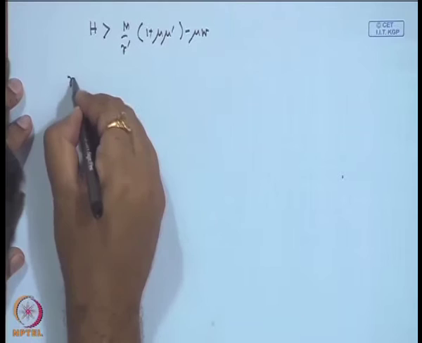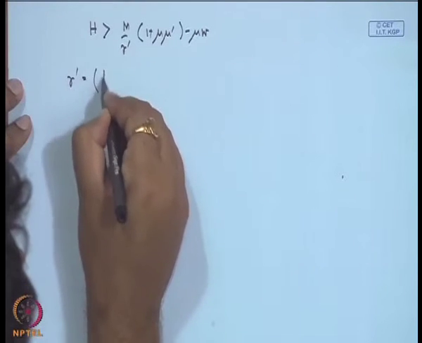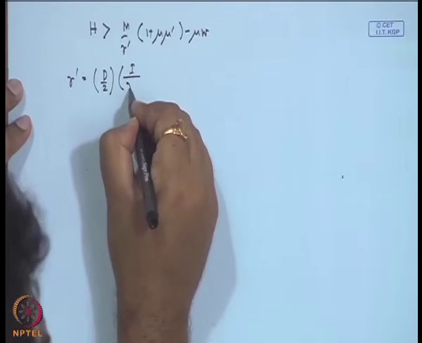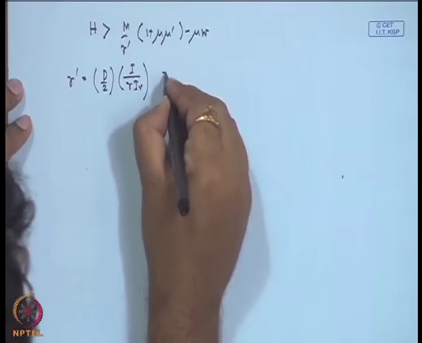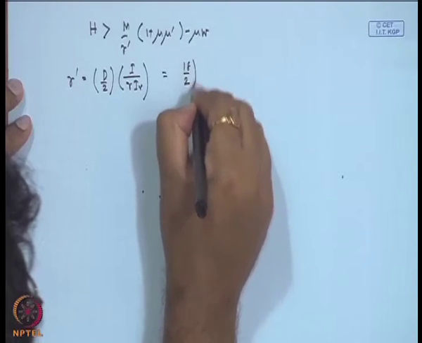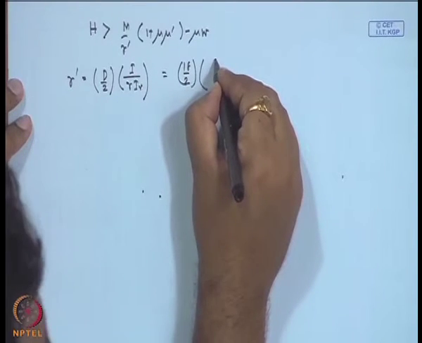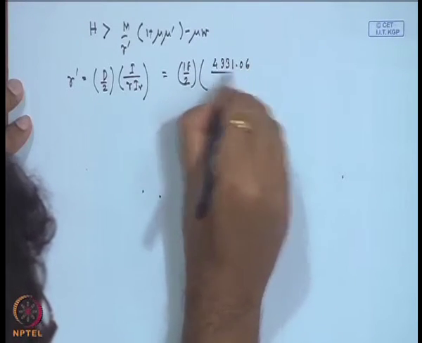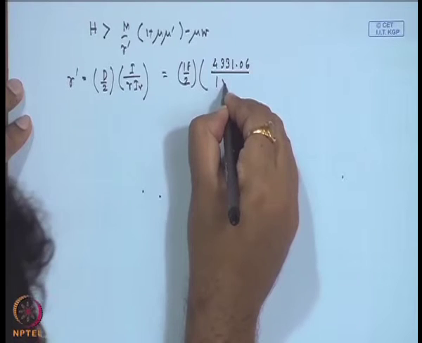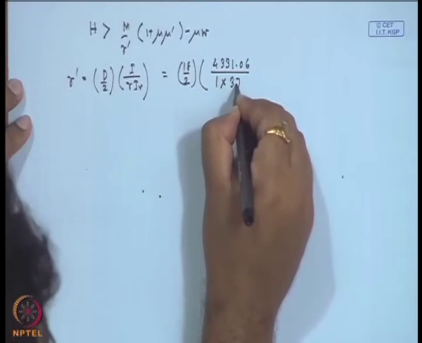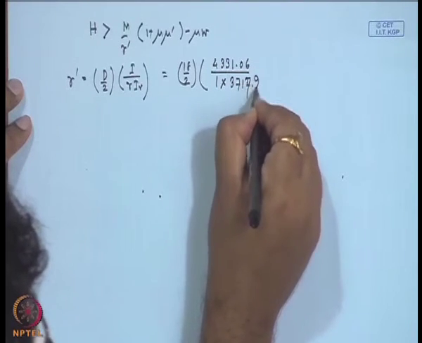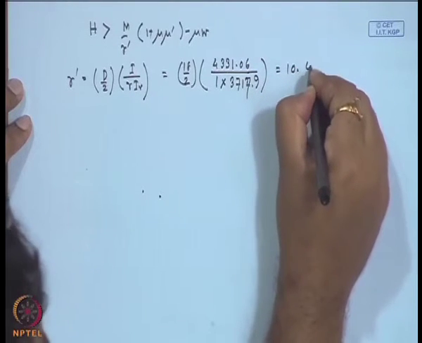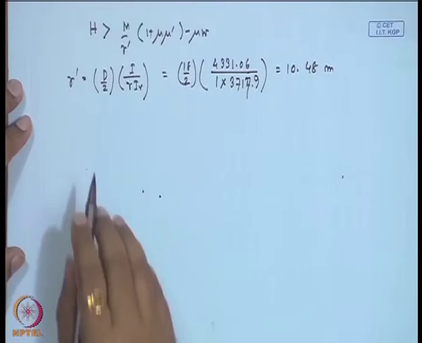So, first we calculate r dash, that is equal to d by 2 into I divided by r I v. d is 18 meter divided by 2, I is 4331.07, r is taken as 1, I v is 3717.9. So, we will get a value of 10.48 meter as r dash.